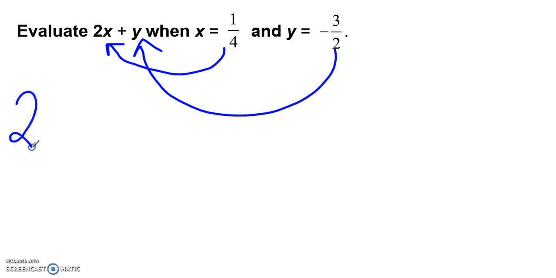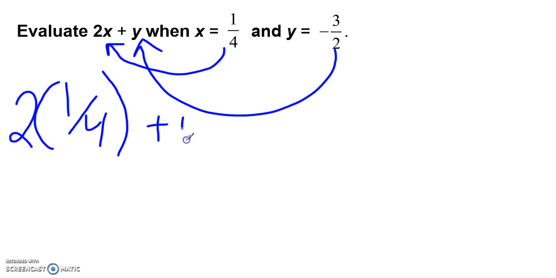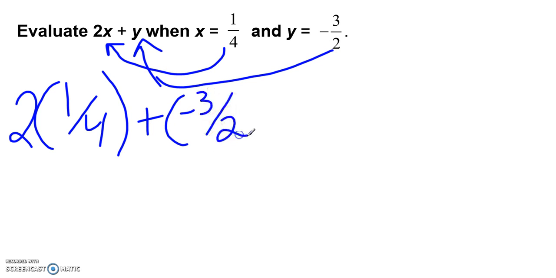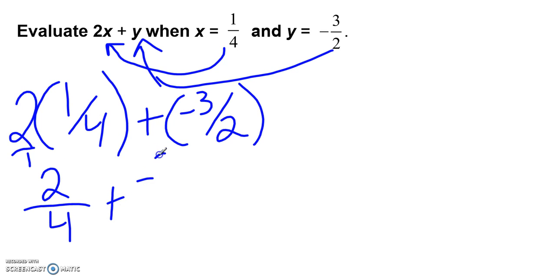So we have 2 times the x, which they say is 1/4, and then plus the y, which they say is negative 3/2. Okay, and then from here, I'm just going to draw a 1 under there so I can see I'm going to be multiplying right across. So 2 times 1, 2, over 1 times 4, 4, plus negative 3/2.